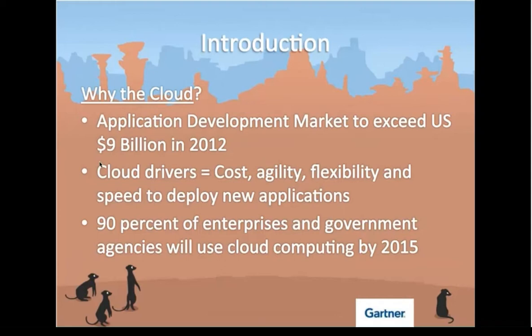The cost is the major driver for people to go to the cloud, but it's also agility, flexibility, and speed to deploy new applications. Another interesting piece of information was that 90% of large mainstream enterprises and government agencies will use some aspects of cloud computing by 2015. So that's all interesting cloud information and the reason why we're talking about the cloud today.